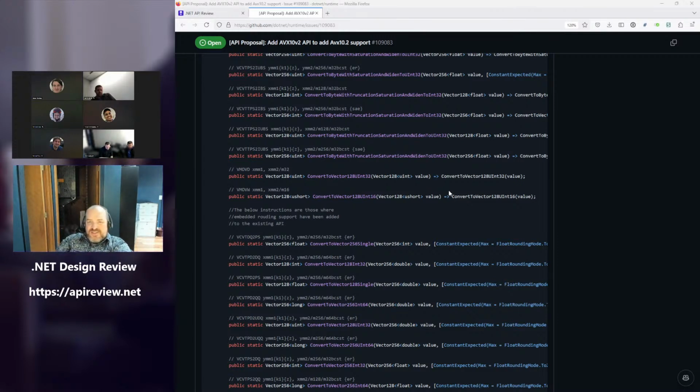And why do you need the type names in it? Because you potentially can have type coercing, and you can't overload based on return type.